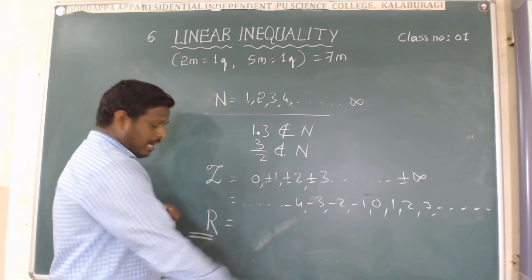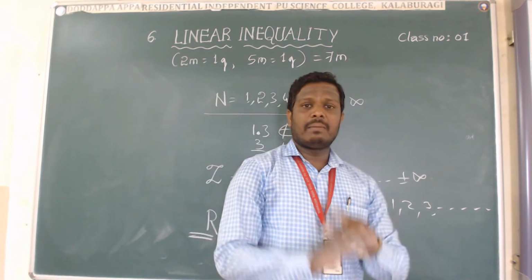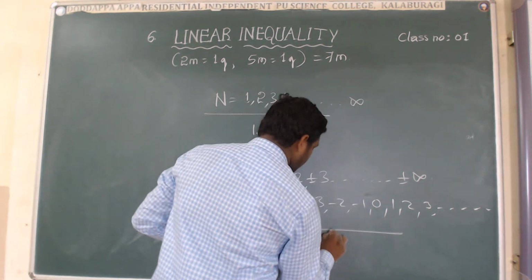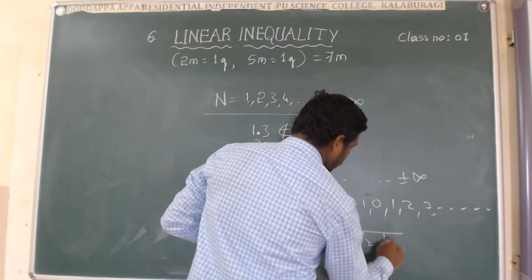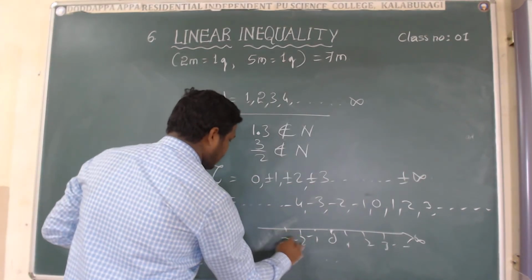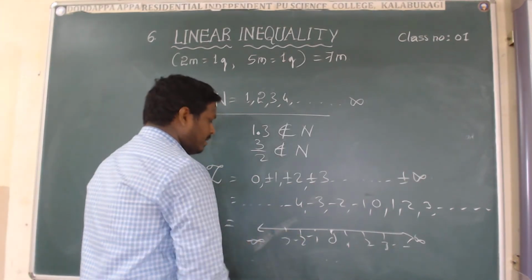Okay, this is integers. What is the meaning of real numbers? Real numbers are just the numbers on the number line. When we define on the number line, this is 0, 1, 2, 3 up to infinity, minus 1, minus 2, minus 3 up to minus infinity.